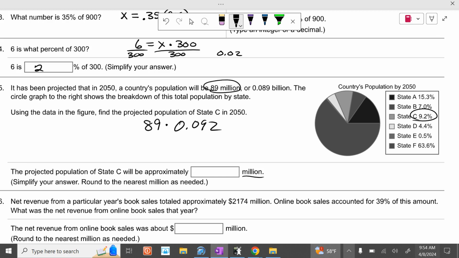Not 0.92, it's 0.092. Somebody calculate, please. 89 times 0.092. 8.19, and if we round to the nearest million, that's 8 million.